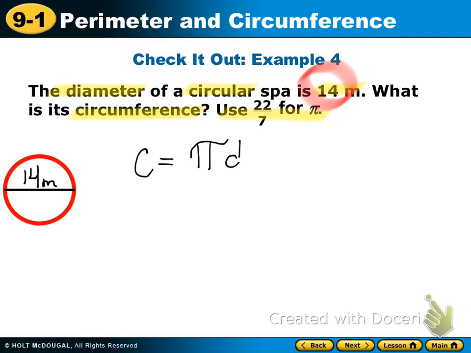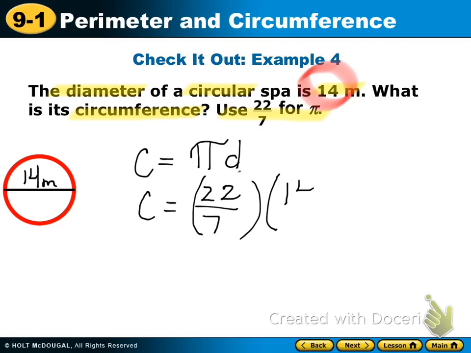pi times the diameter, and circumference equals, and we're using 22 over 7 times, it's a whole number, but we can put it over 1.